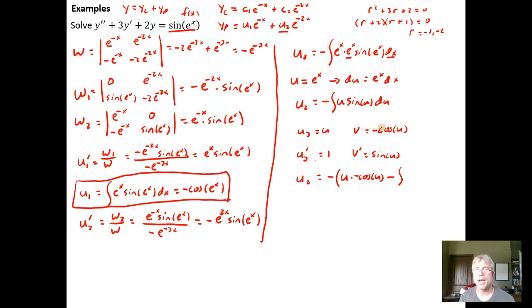But 1 times negative cosine u is negative cosine u, so this negative here is going to let me write this as an addition, and we're integrating cosine u du. So when we do that, we're going to get a distribution here. I'm going to get u times the cosine of u minus a sine of u.